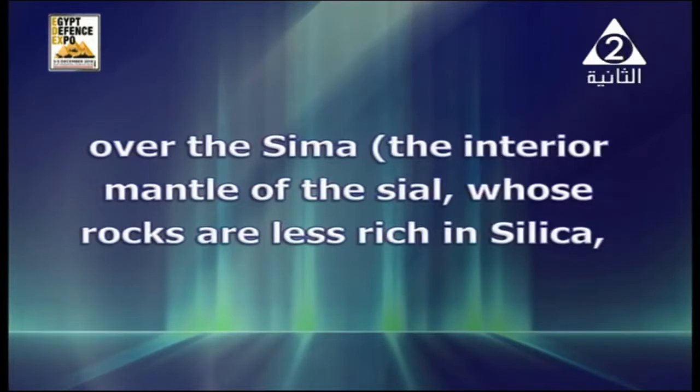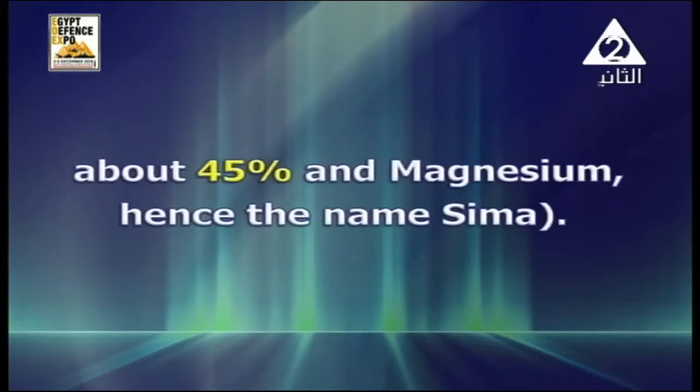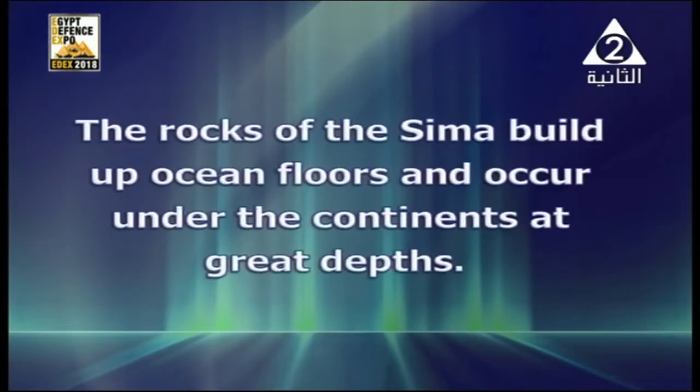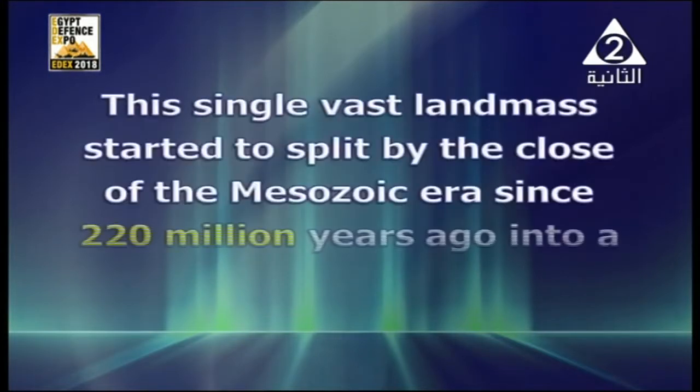Over the sima, the interior mantle of the sial, whose rocks are less rich in silica, and about 45% of iron and magnesium. The rocks of the sima build up the ocean floor and occur under the continents at greater depth.